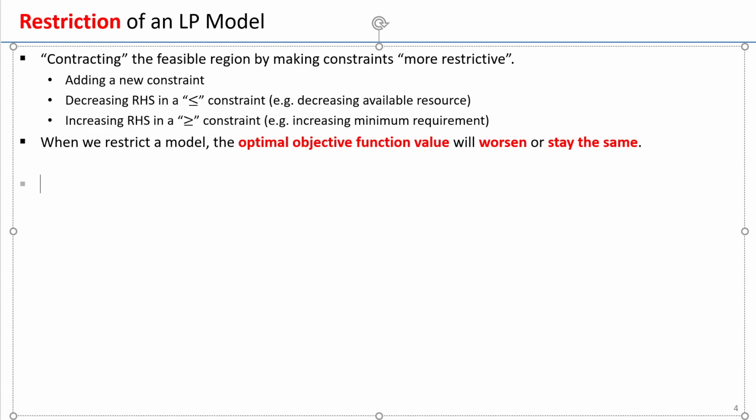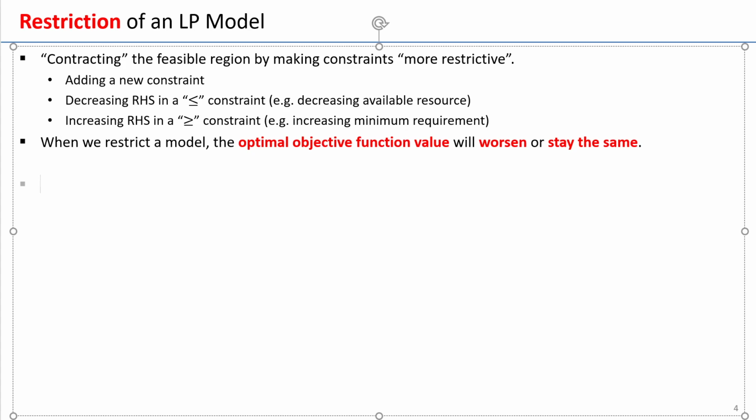And if it doesn't, it will change. So when we restrict the model, the optimal objective function will worsen whenever the old optimal solution becomes infeasible, because then we will have to change the optimal solution. In that case, the optimal objective function value might become worse.